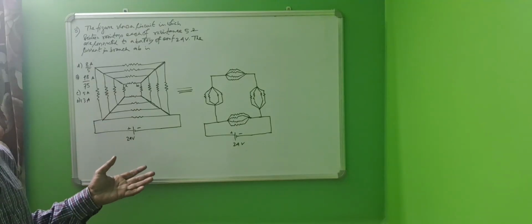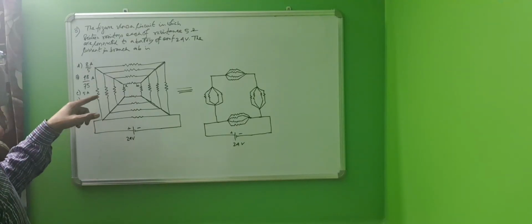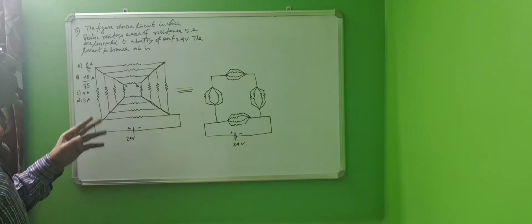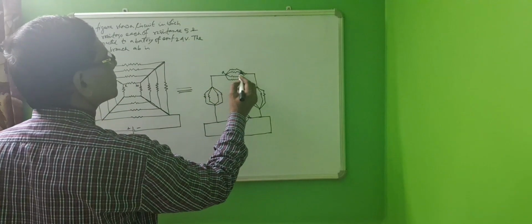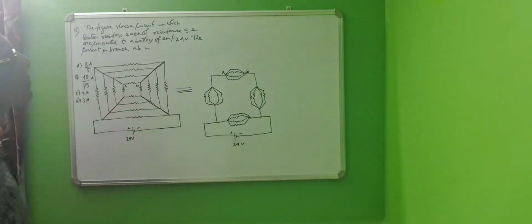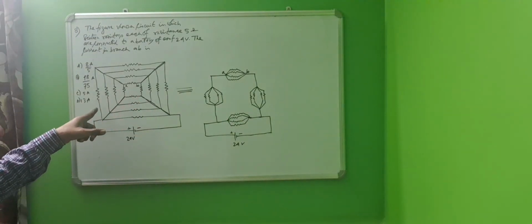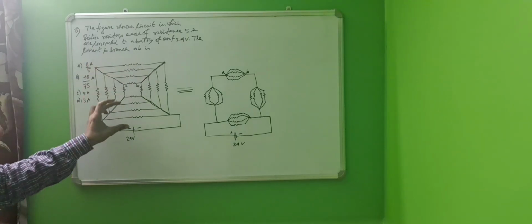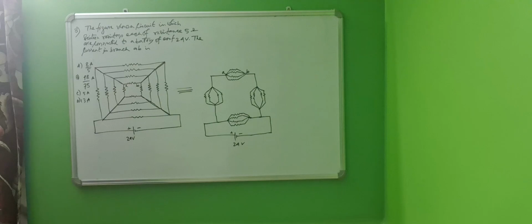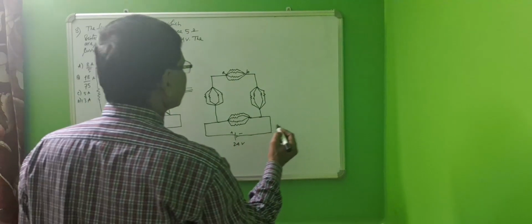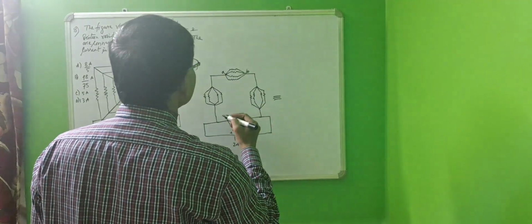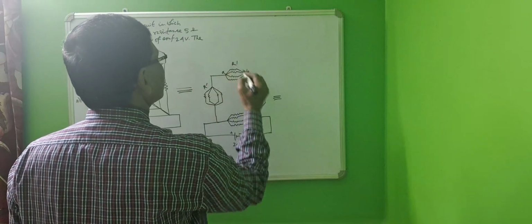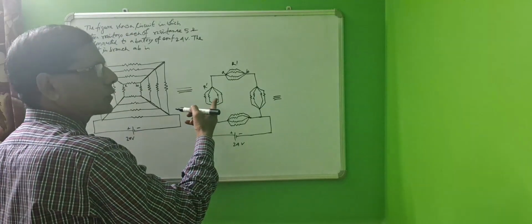Again, I am saying these four resistances are of equal value, 5 ohm. Here also, for this branch and for this branch and also this branch. So we can write the equivalent circuit again. Suppose this one is R dash, with four resistors of equal value 5.